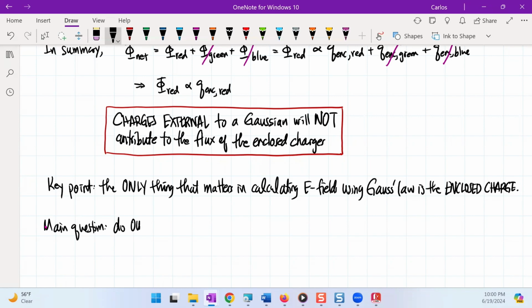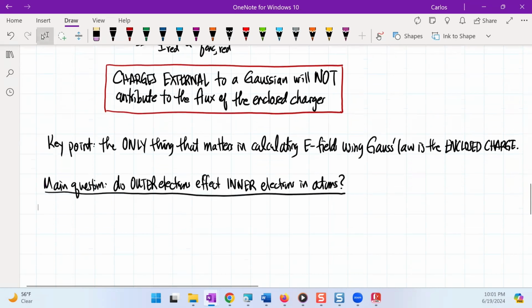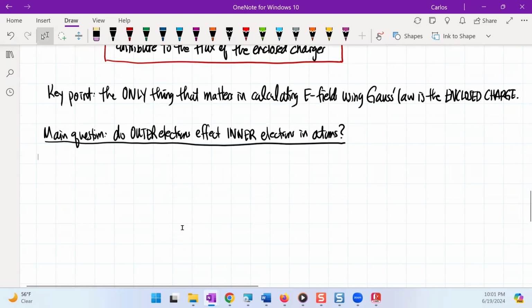Do outer electrons affect inner electrons in atoms? And I think that's a really great question, and it leads to a lot of misconceptions of what's going on.